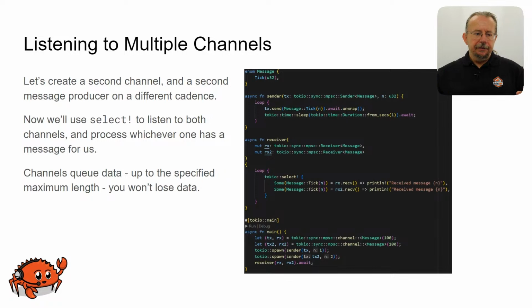We call select, and we select on each of the channel receivers. The way select works is whichever one gives you an answer first runs. And so if both channels are sitting idle, once again your task won't be consuming CPU. It's just sitting there waiting for a message to be ready for you. Once one of those channels wakes up, you receive the message on that task.